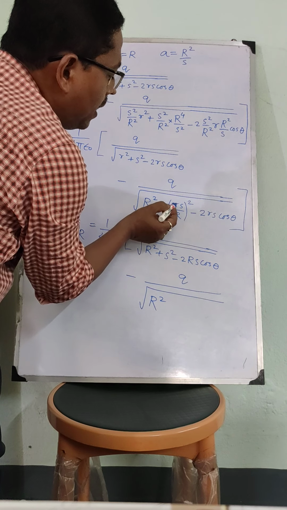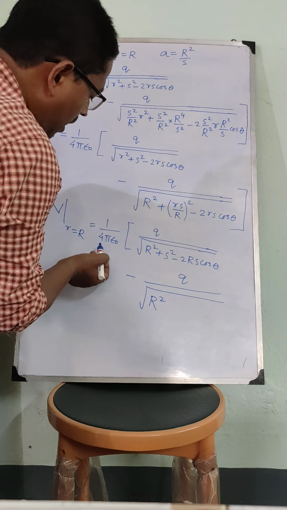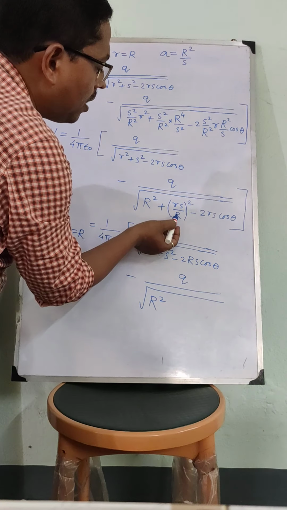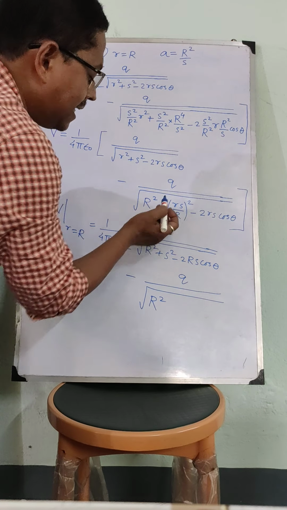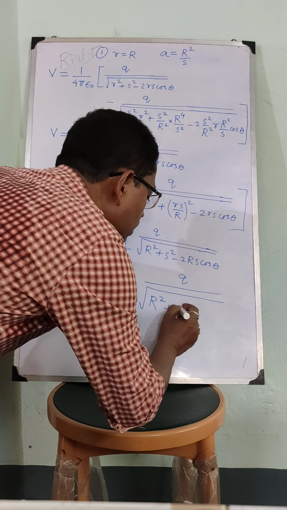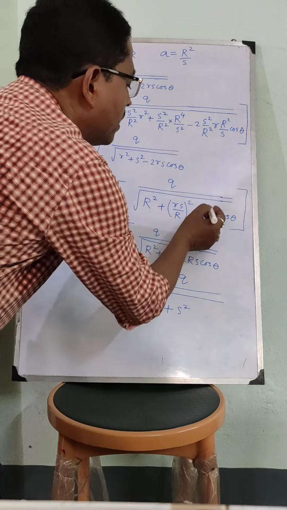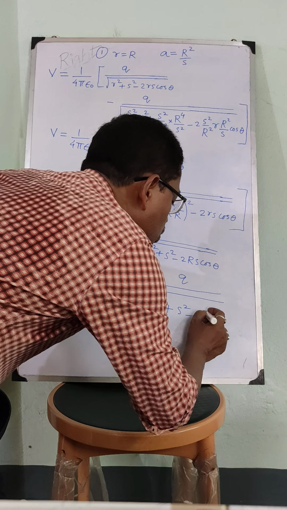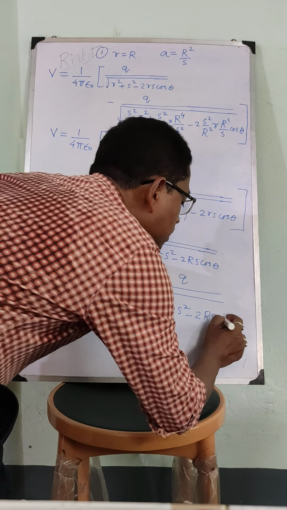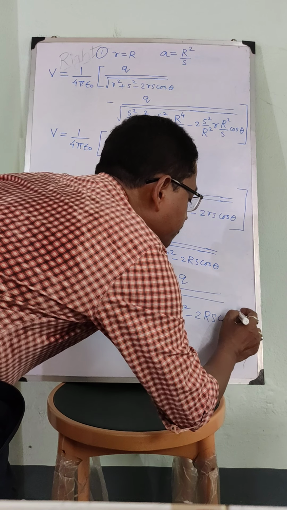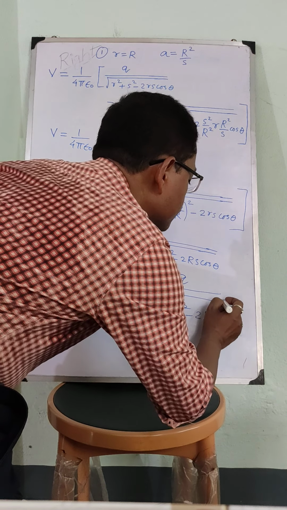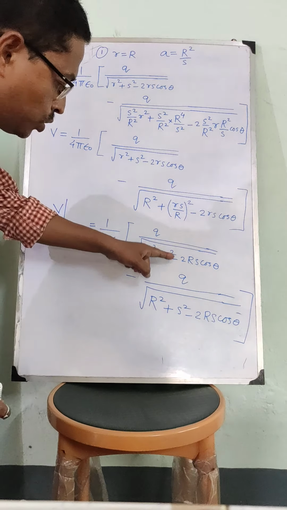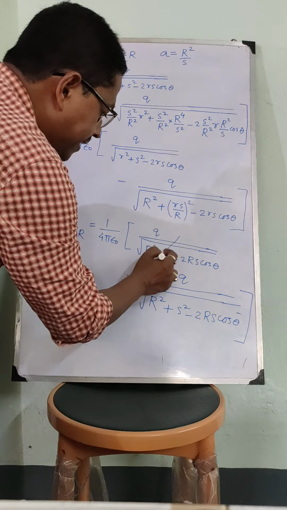Now I will write capital R in place of small r. So this capital R will cancel, so I will have s square, then minus 2Rs cos theta. So we see that these two terms are same, so they cancel.